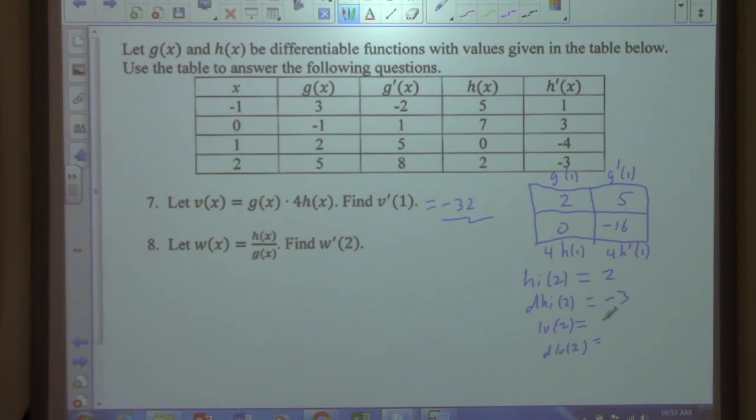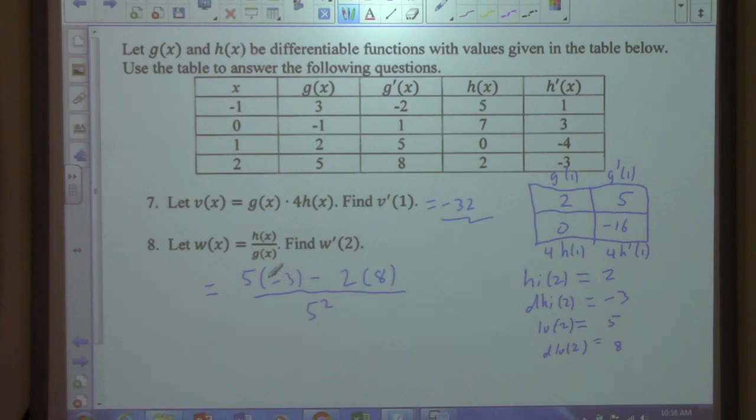Is that right? That's going to be equal to low d high minus high d low, which is 8, all over 5 squared.